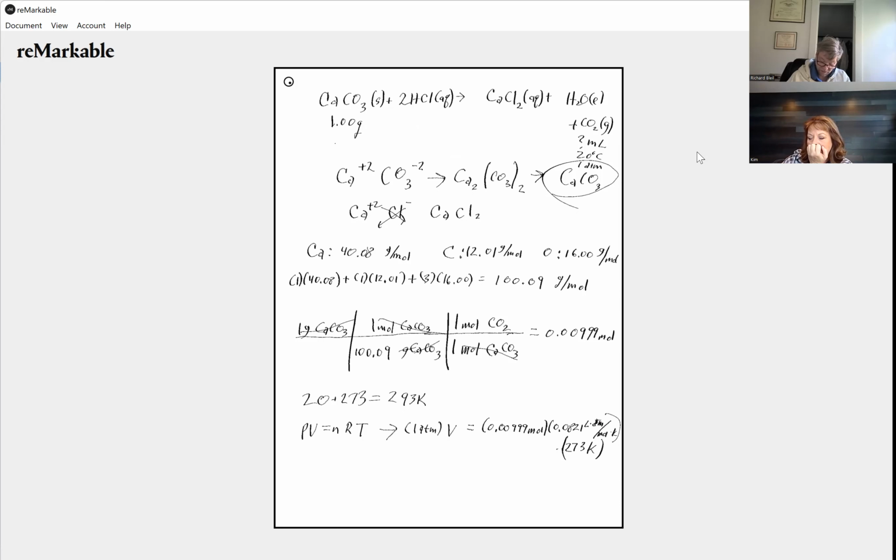No, 293 Kelvin. So 1 atmosphere times volume is equal to 0.0999 moles.